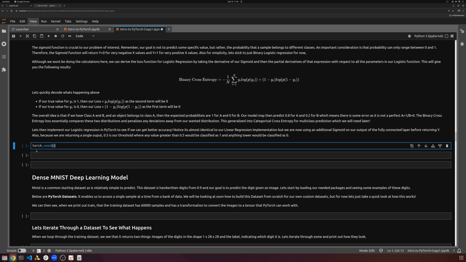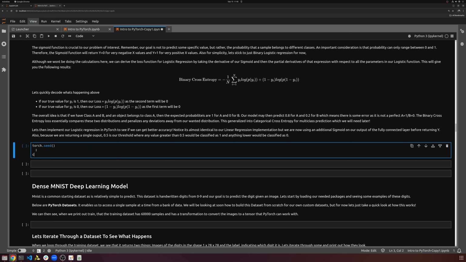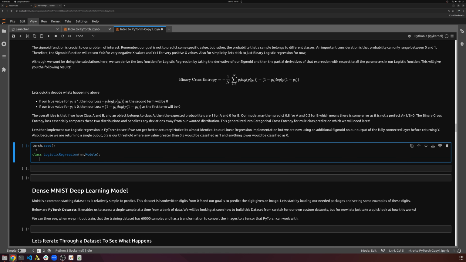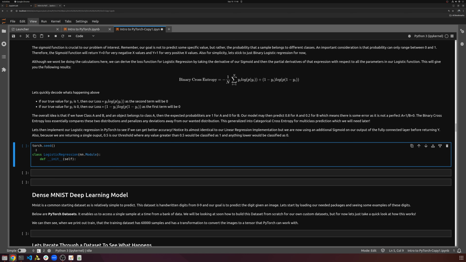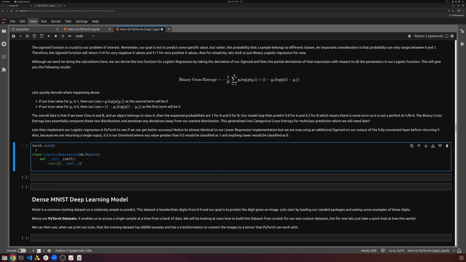Torch.manual_seed so it's reproducible, and we're going to do class LogisticRegression, just like before, nn.Module, def __init__, self, super().__init__, and then self.fc1 is nn.Linear(2, 1).